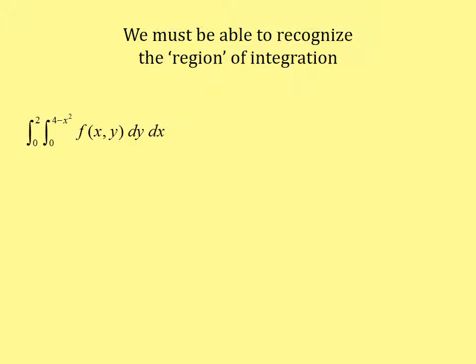Now, taking a look at this integral, we need to describe the region in the xy plane described by this double integral. So we've got y's going from 0 to 4 minus x squared.